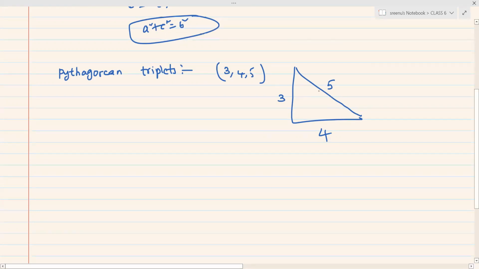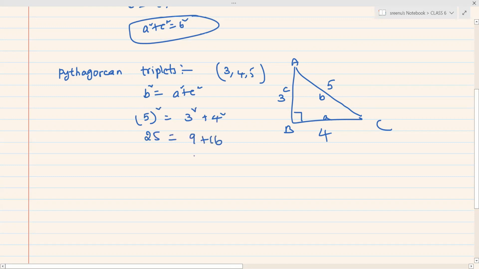I apply this, and I will take it as ABC, and B is the 90 degrees. So this is B, this is C, this is A. B square is equal to A square plus C square. B square in the sense hypotenuse square is equal to the sum of squares of the other two sides. So 5 power 2 is equal to 3 power 2 plus 4 power 2. 5 5s are 25, 3 3s are 9, 4 4s are 16. We will get 25, 25. Yes, exactly, it is a right angle triangle.